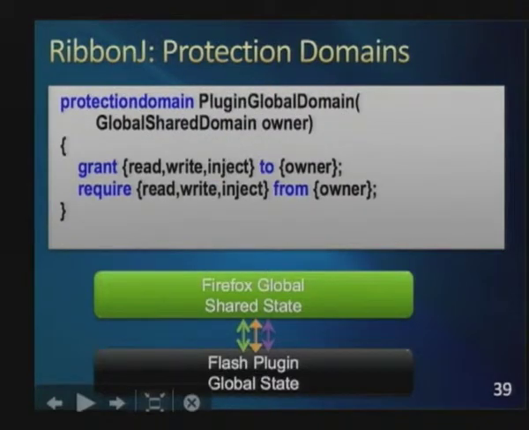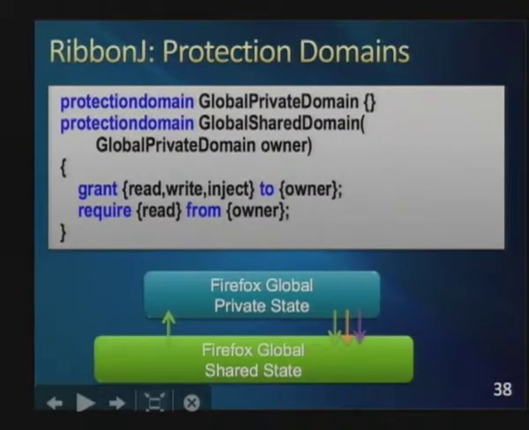So continuing the example, the global shared state also required the Flash plugin global state. It needed to give read, write, and inject privileges to and from. So when we model the plugin global state, because it's created presumably after the browser global state, back in the definition here of the global shared domain, the plugin domain didn't yet exist at this point in the program.